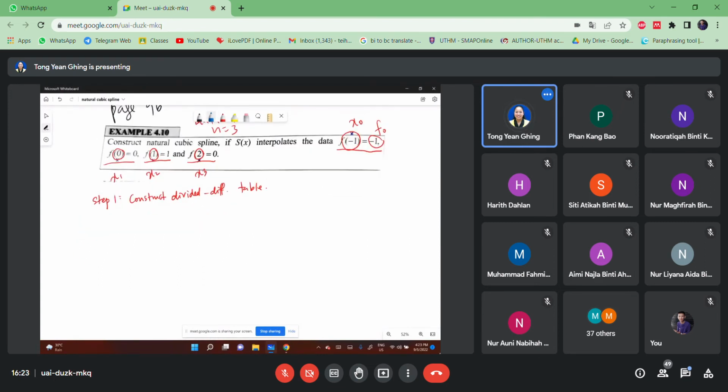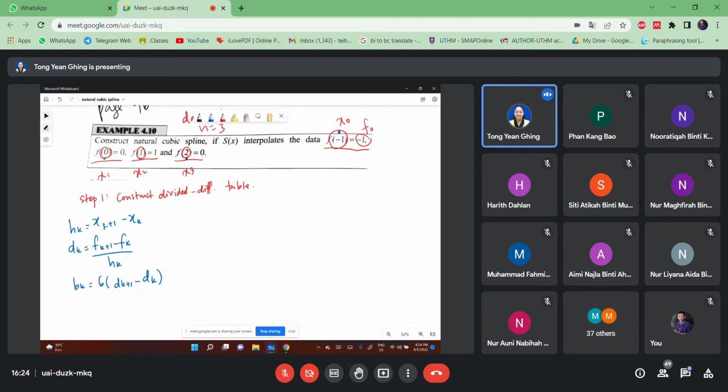Okay, just now, hk is equal to x(k plus 1) minus xk, and then dk is equal to (f(k plus 1) minus fk) divided by hk, and then bk equal to 6 (d(k plus 1) minus dk).